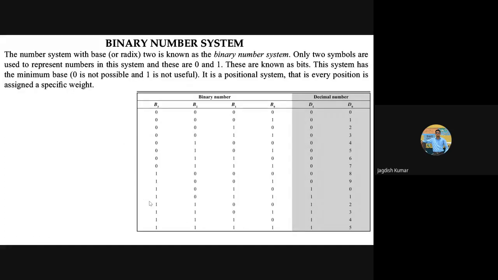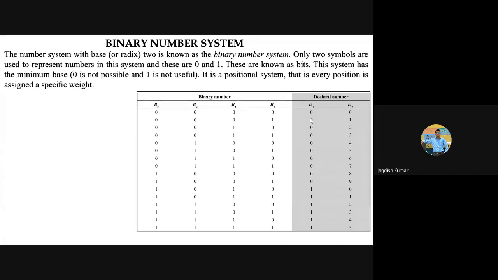Well, so we talked about how each position has a specific weight. Here are some examples of binary numbers and the corresponding decimal equivalents. When you write down counting in the decimal number system, how do we do it? First of all, we start with 0, isn't it? The smallest number is 0.